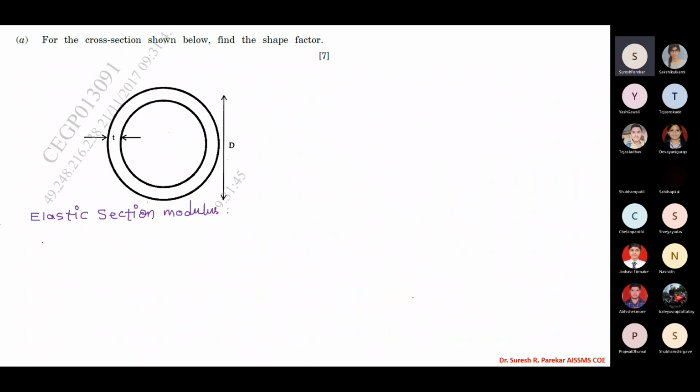Then we have I is equal to, first the outside circle, pi by 64 d4, minus the inner circle, pi by 64 into d minus 2t, always keep in mind, to the power 4.